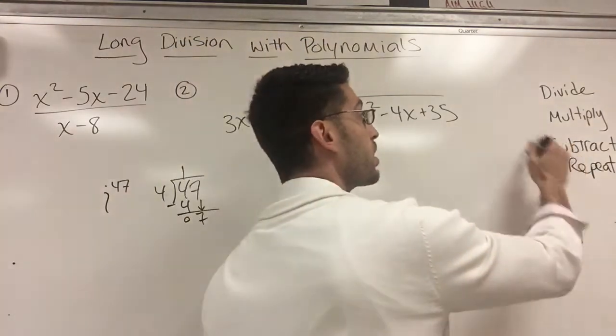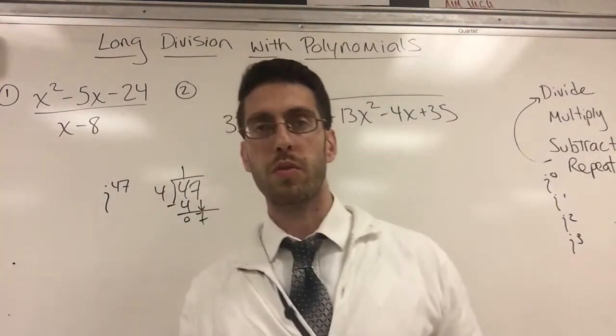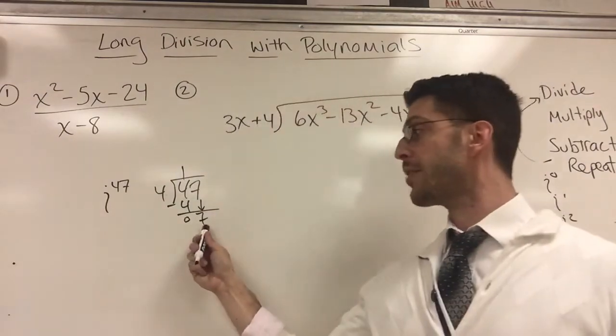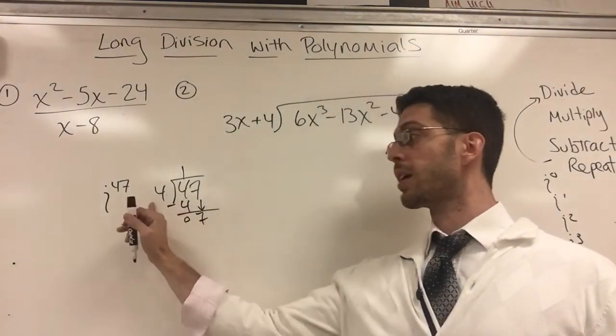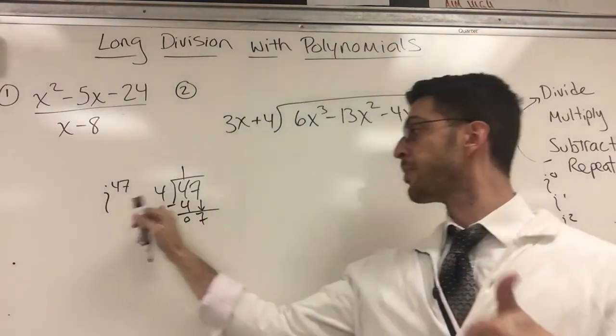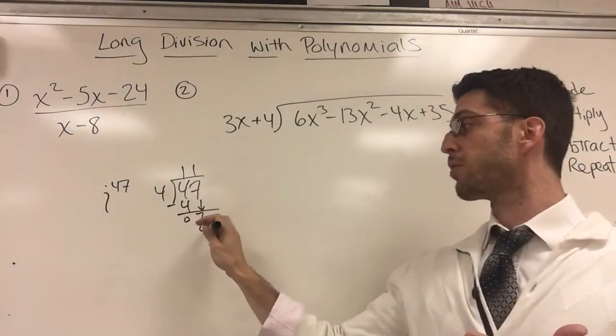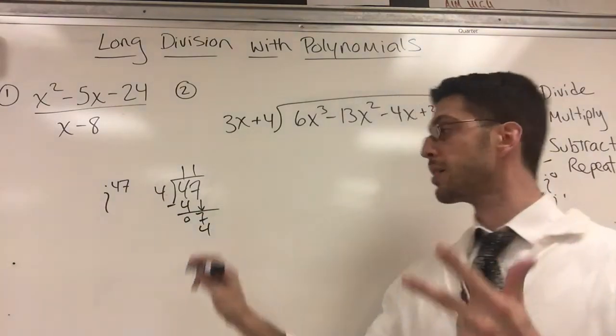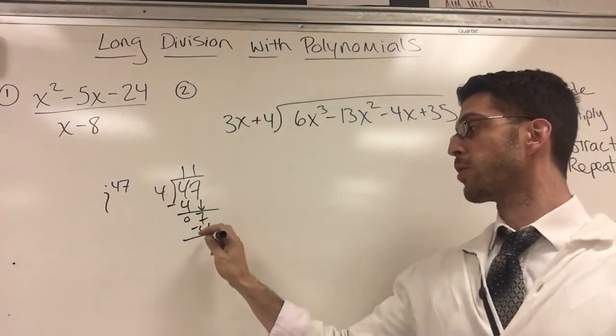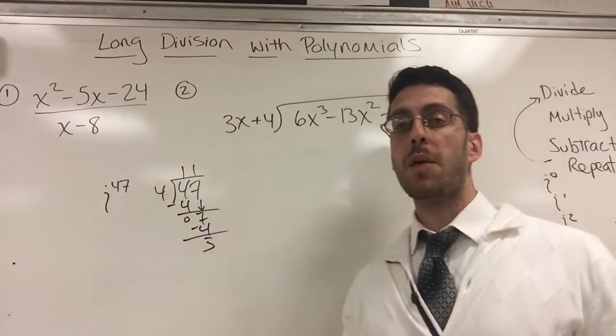So I'm starting over from the beginning. Now that I have a 7, I'm going to take this term and divide again by that 4. So divide, I get 1, take the 1 times 4, so I multiply, put the 4 here, then I subtract, step 3, and 7 minus 4 is 3. This number is now my remainder.